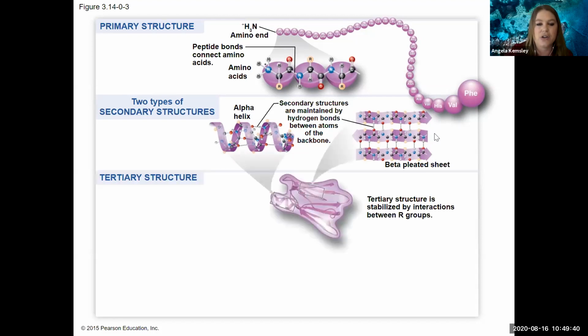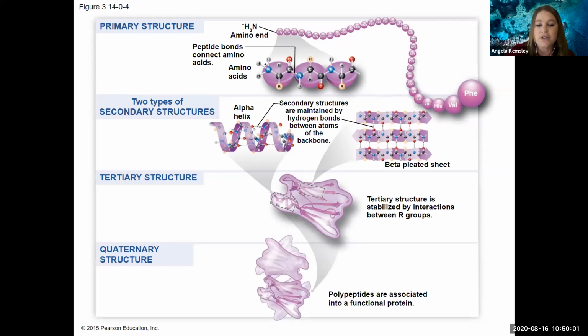That's our secondary structure. Our tertiary structure, that third structure, is how the R groups, remember amino acids differ by their R groups. Tertiary structure, or our third level of structure, is determined by how those R groups interact with each other.